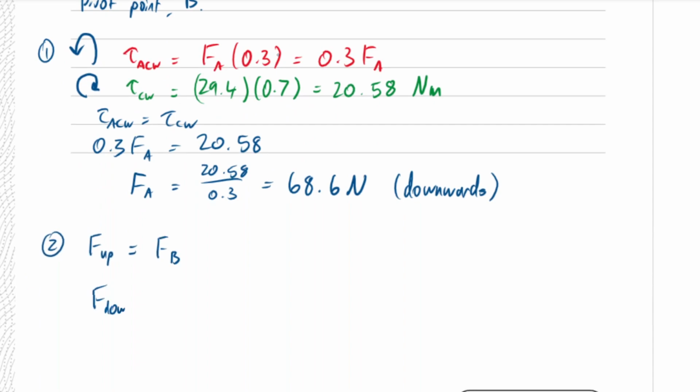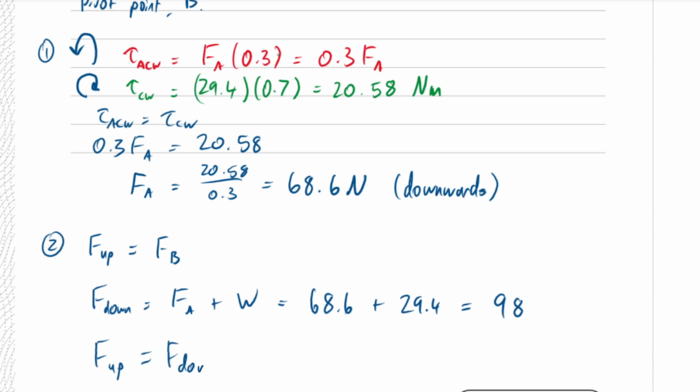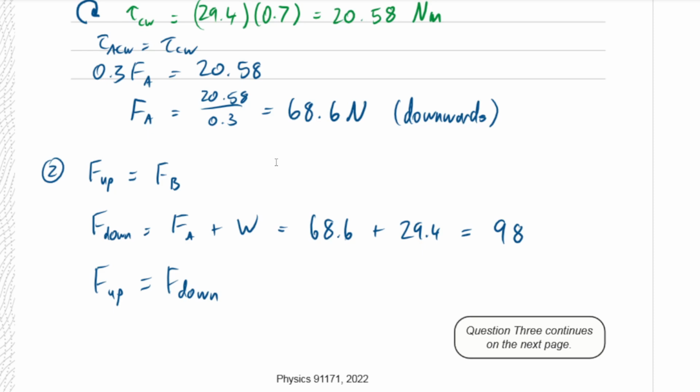F down is FA plus the weight, which is 68.6 plus 29.4, which is, what's that? Oh my gosh, I can't remember, 30, 98? Yeah, 98. And we know that the net force is 0, so the upwards force must equal the downwards force. In other words, FB must equal 98 newtons.